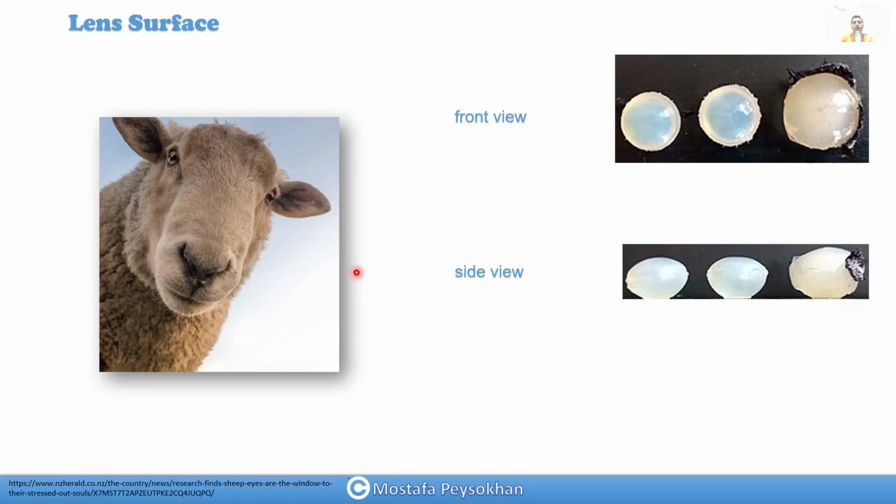Now you can see here, even visually it's obvious, this is a lens, or crystalline lens, of a sheep. This is the front view. From the front view and from the side view, we can see that the radius of curvature of the front surface is like this, and the radius of curvature of the back surface is like this. So the front surface is more flat.